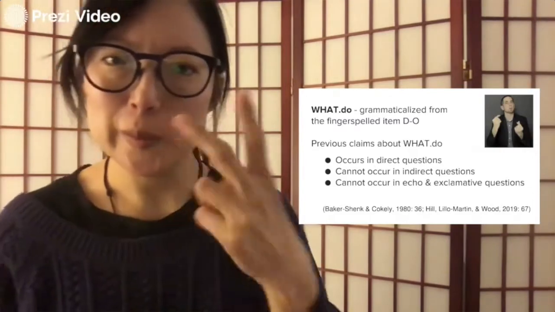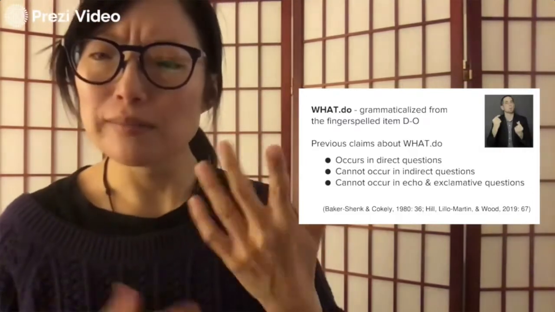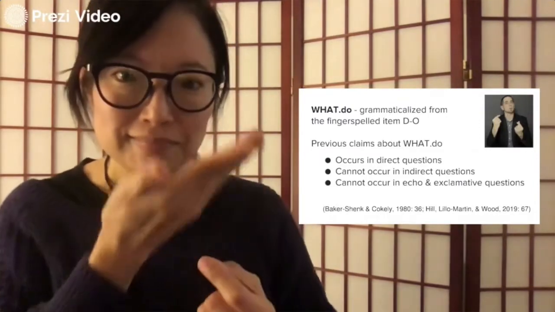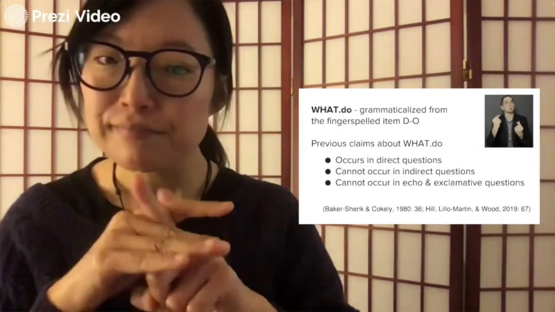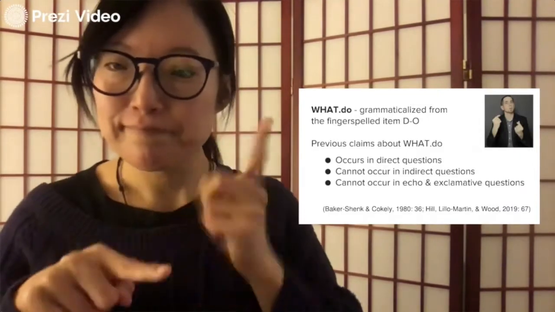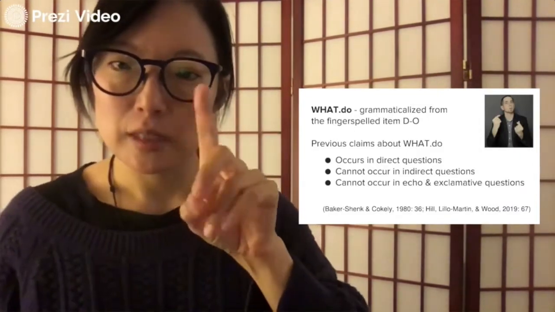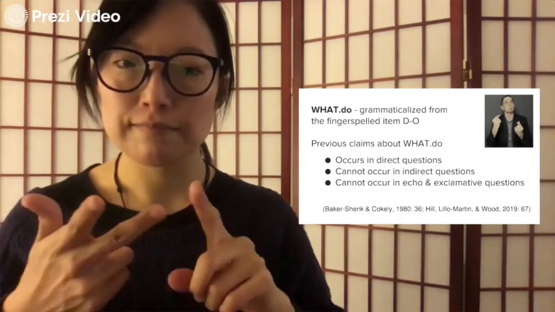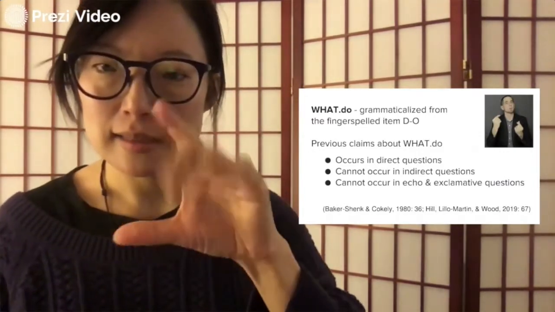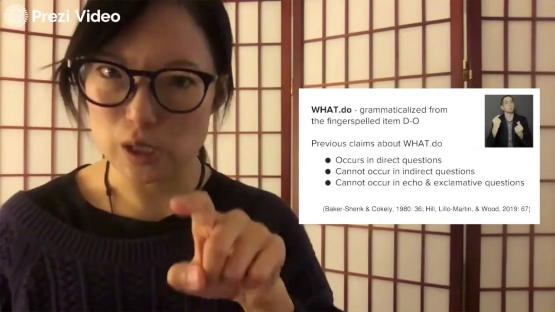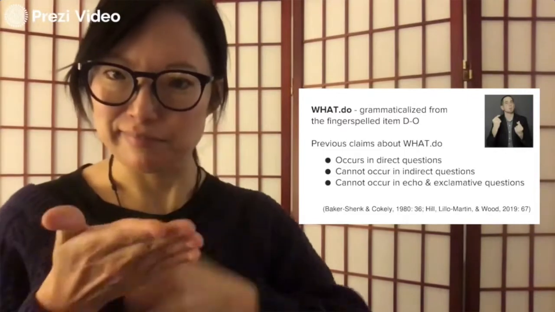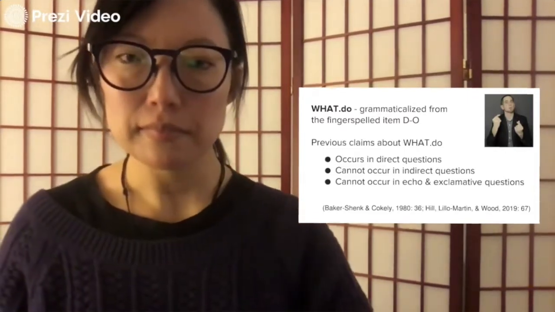It can be produced with 1 or 2 hands. So what are the previous claims about what do? This slide has 3 claims. First, it occurs as a direct question. 2, it can't occur in indirect questions. 3, it also can't occur in echo and exclamative questions. Again, those are the previous claims.